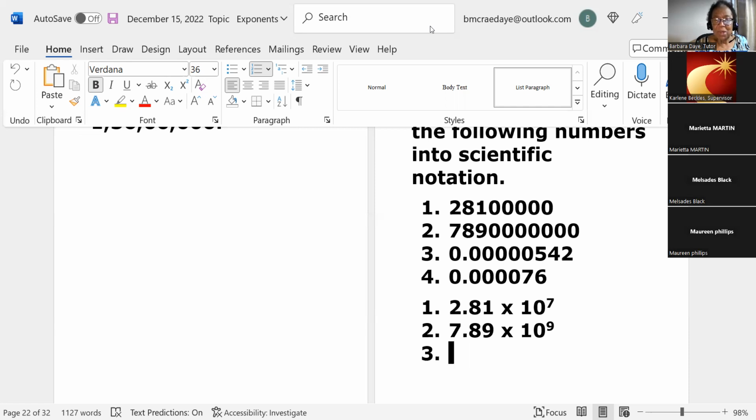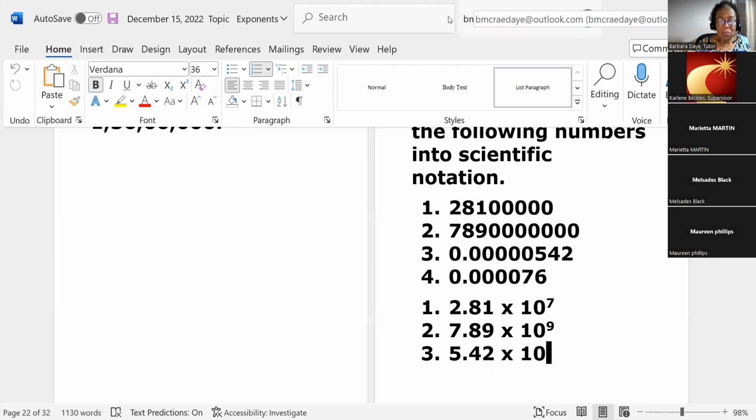Okay, Marietta, what is number 3? 5.42. 5.42 times 10 to the what power? What's the power, Marietta? 7.